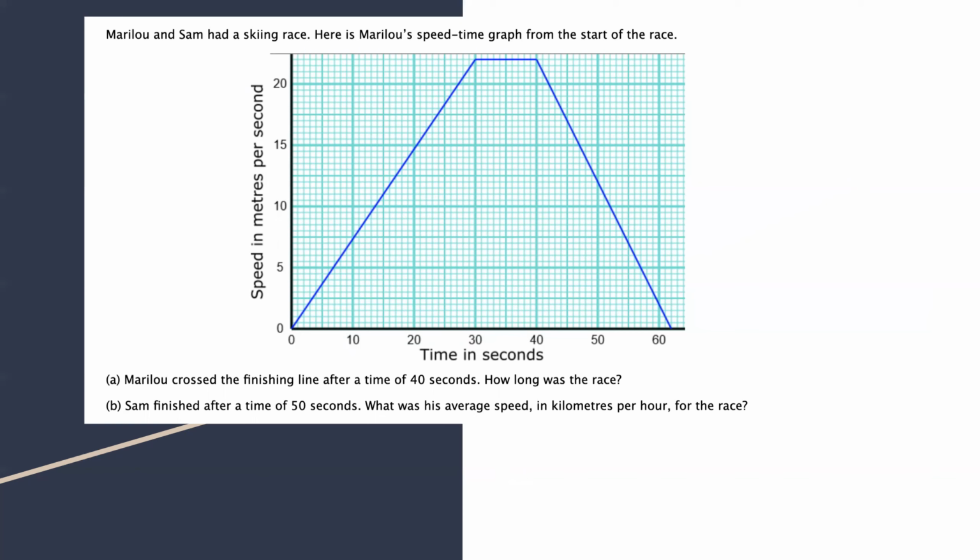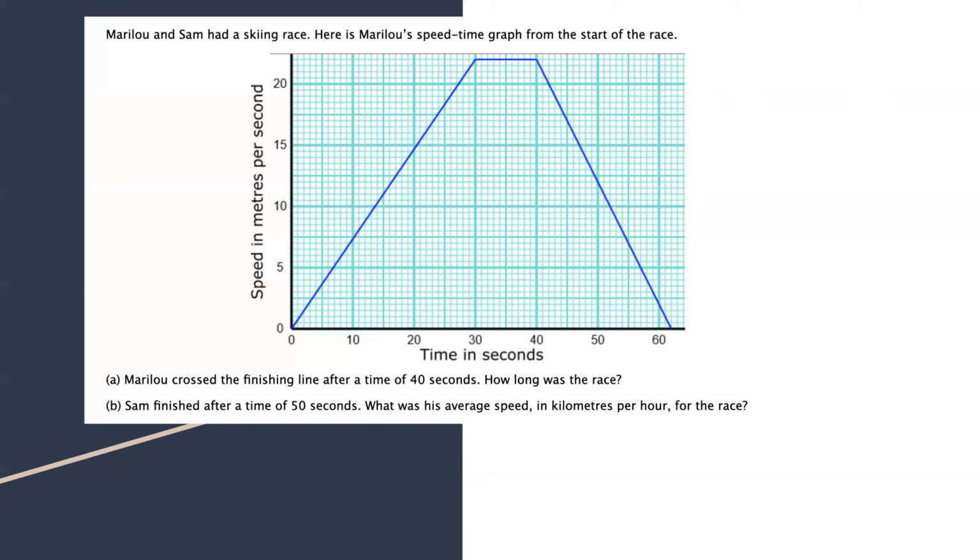It says Marillo crossed the finishing line after a time of 40 seconds. How long was the race? We have a speed versus time graph, so we're trying to find the displacement, because it's asking for the distance. So we want to find the area up to 40 seconds.